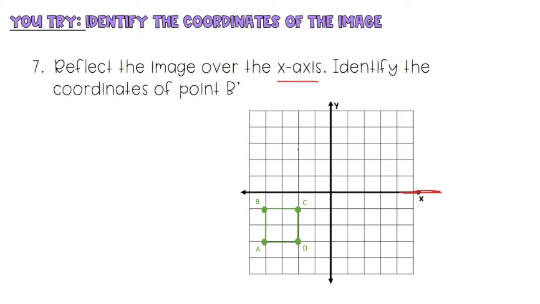So if point C was located at -2, -1, it is now going to be located at -2, +1. Point D, if it was located at -2, -3, will now be located at -2, +3.